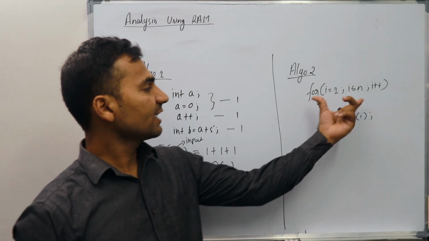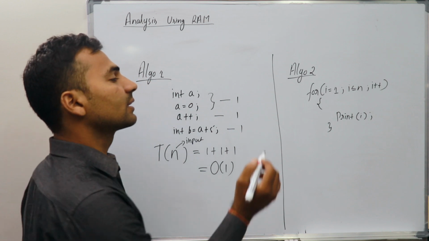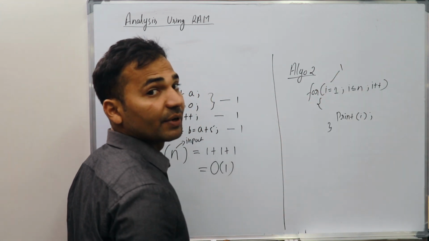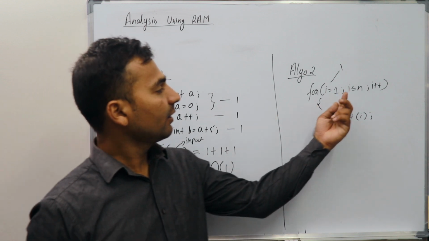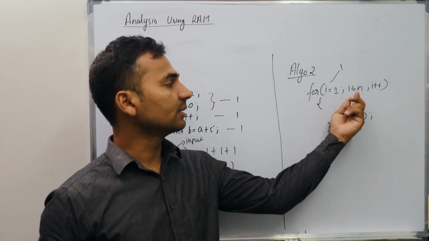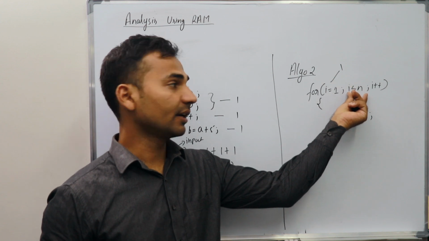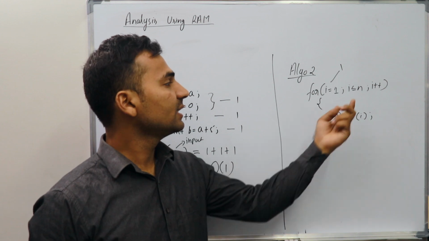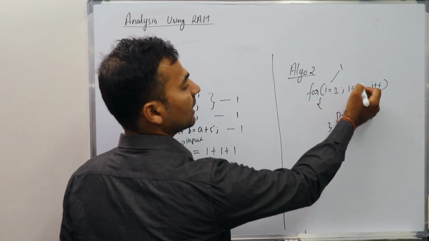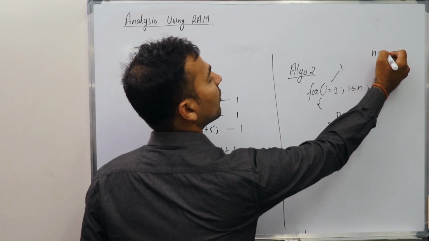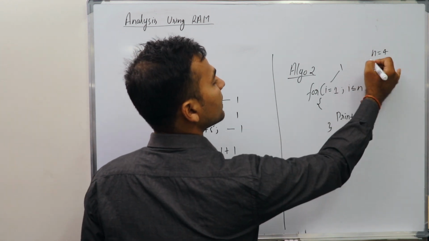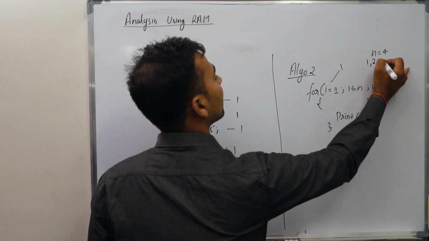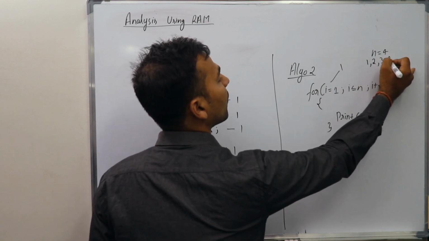Now if you know the syntax of a for loop, then you should know that first we initialize some value to i. Therefore this is one primitive operation. We count this as 1. Now here i starts from 1 and it is less than or equal to n, that is we check some condition over here, and checking is also a primitive operation. But how many times do we check here? Let us say that if we take n equal to 4, then first we check when i is 1, then we check when i is 2, then when i is 3, then when i is 4.